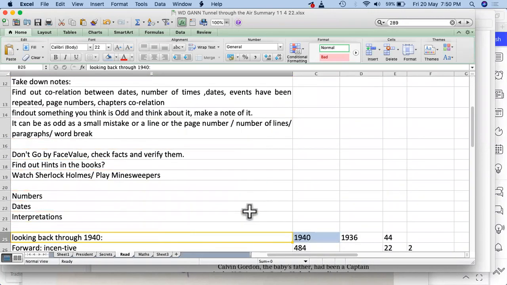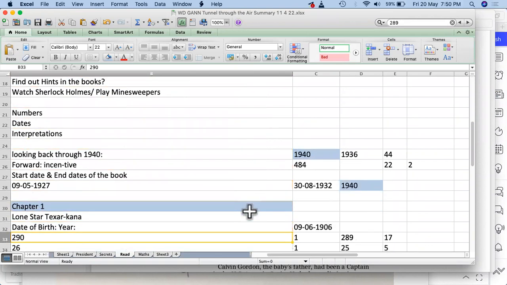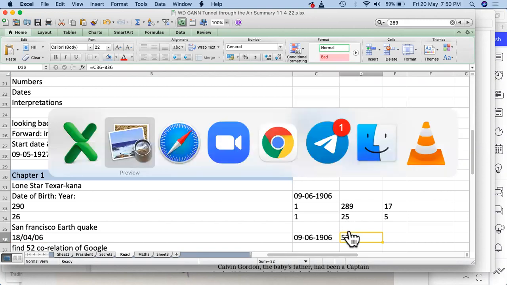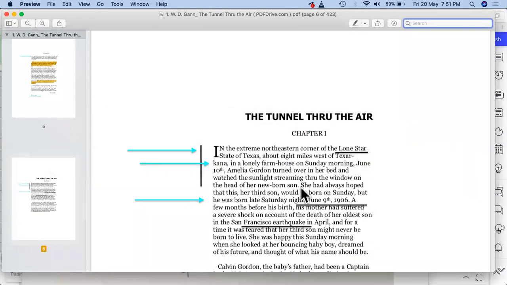We have seen this over here, and mark that part, that the date from the San Francisco earthquake, which is 1906, to Gordon's birthday, 9th of June 1906, again is 52 days, right? And the number of words in the first sentence of the first para is again 52.